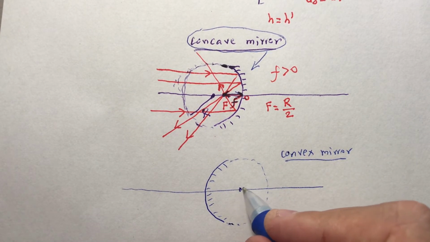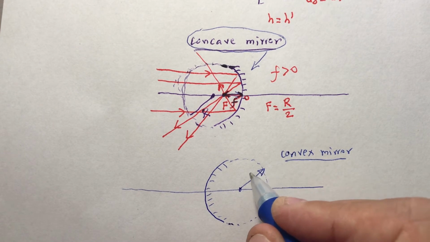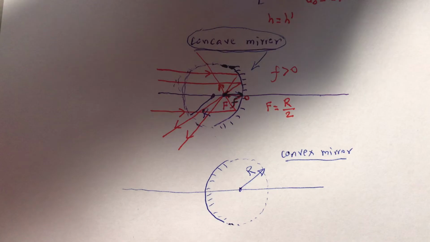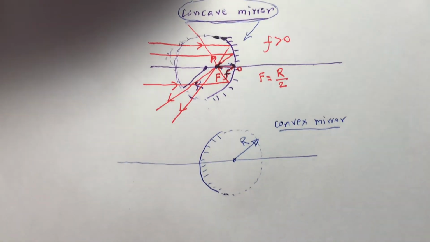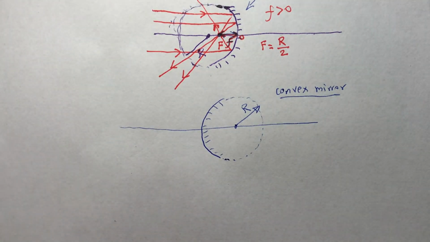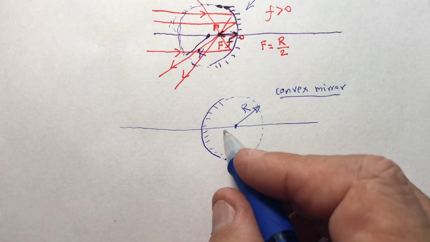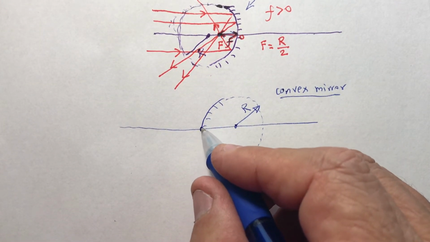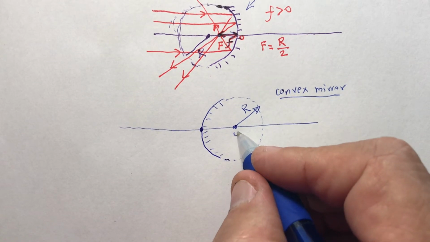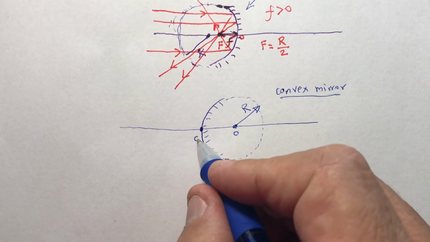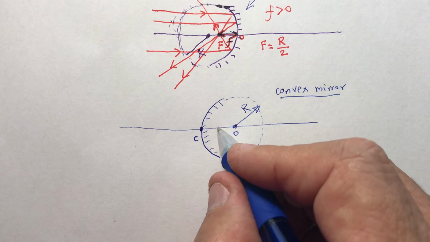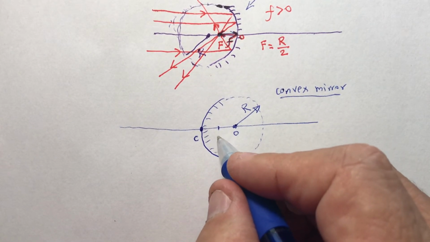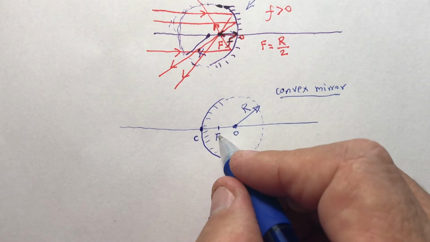And this will be the radius R. That's the radius R. Now, what we do is we need to look at the distance halfway between this point here and this. This is the origin. We can call that point C. And here is the point exactly between these 2 points. That's the focal point. We call it F.